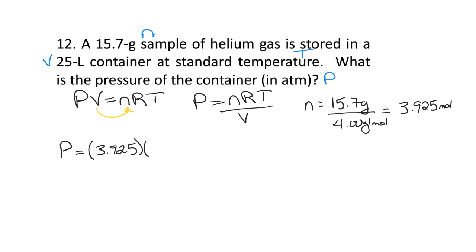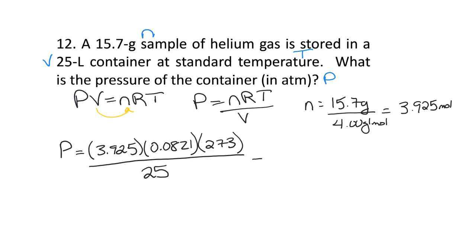Our R value, because it's an ATM, we're going to use the 0.0821 liters per ATM. And then our temperature is standard temperature, so that's 273. And our volume is 25.